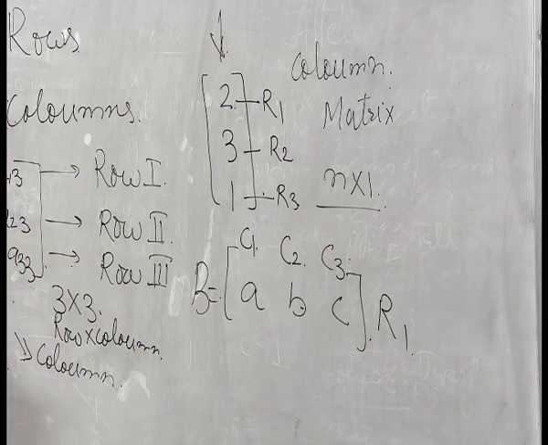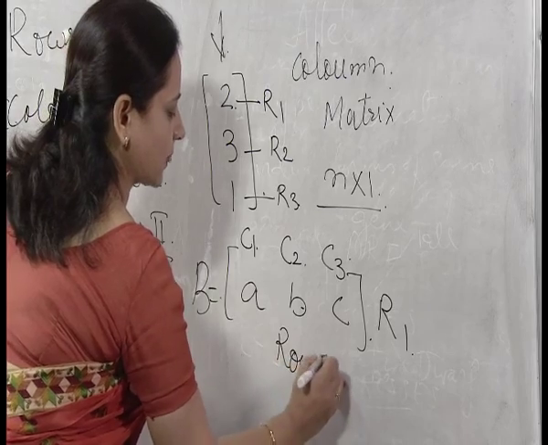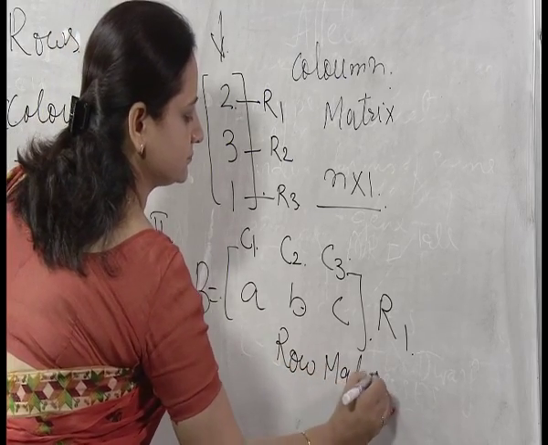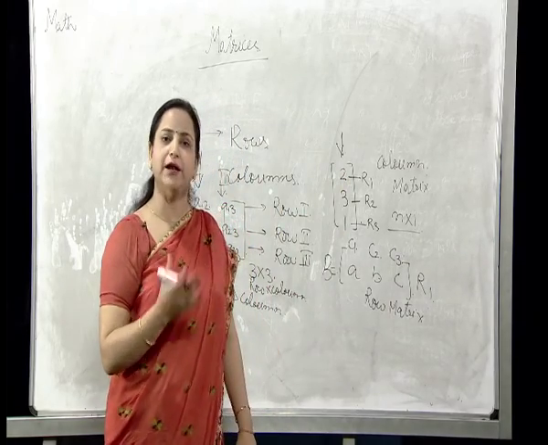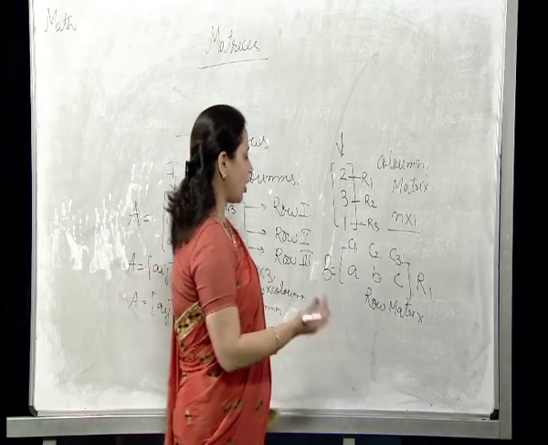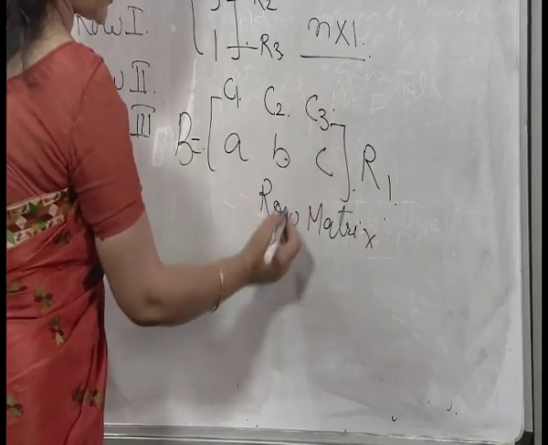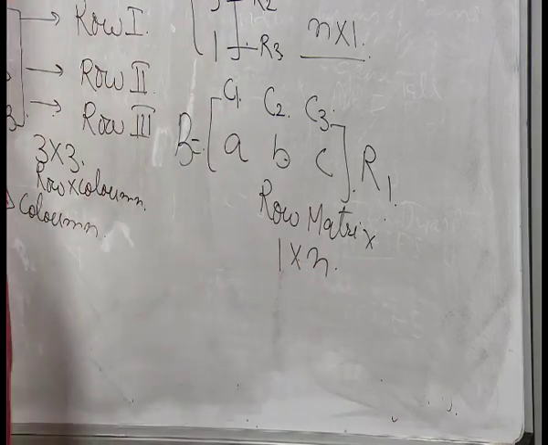The matrix which has only 1 row is called a row matrix. A row matrix can have n number of columns. So in general, we can write the order of a row matrix as 1 into n.